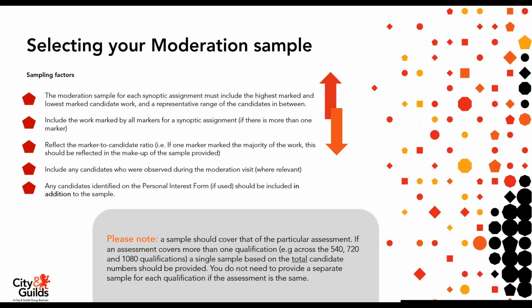So actually it's one cohort of students doing that one assessment, but they're all registered on different qualifications. So we just need to be looking at the sample of work across that assessment rather than 12 uploads for the 017231 qualification, 12 uploads for the 017232 qualification. We're looking at just that one cohort of students on that assessment.